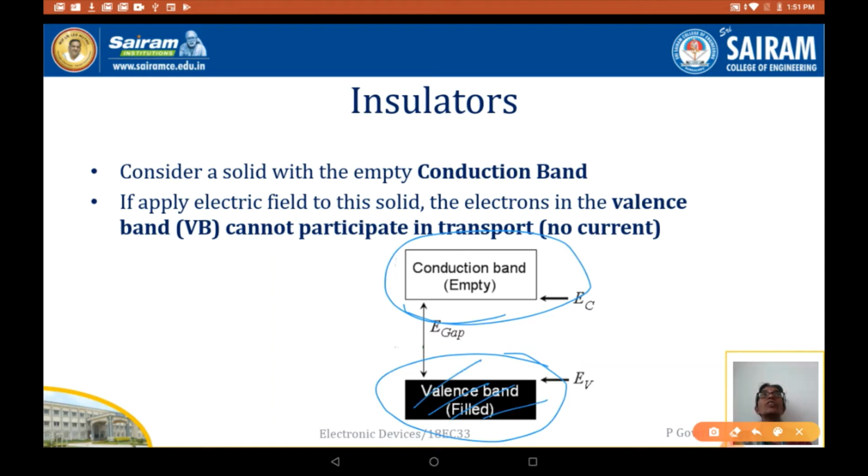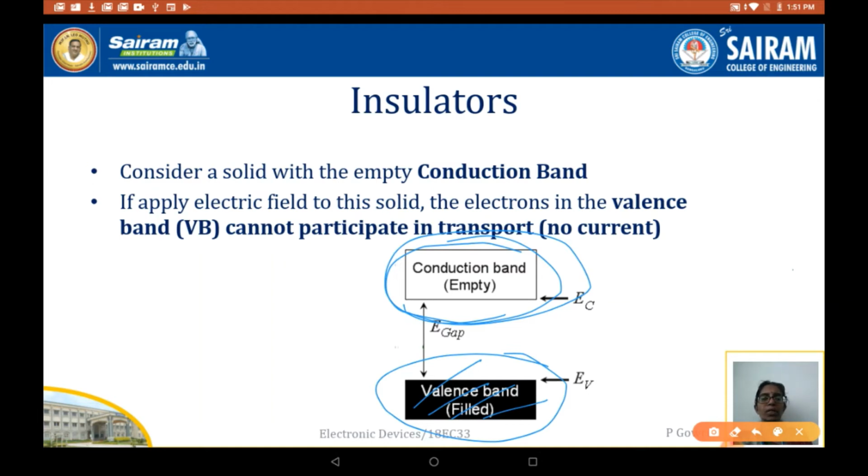When an electric field is applied, the electrons in the valence band will not be able to transfer to the conduction band, and although the conduction band has an ample amount of free states, there is no electron present in it. So this results in an insulator.